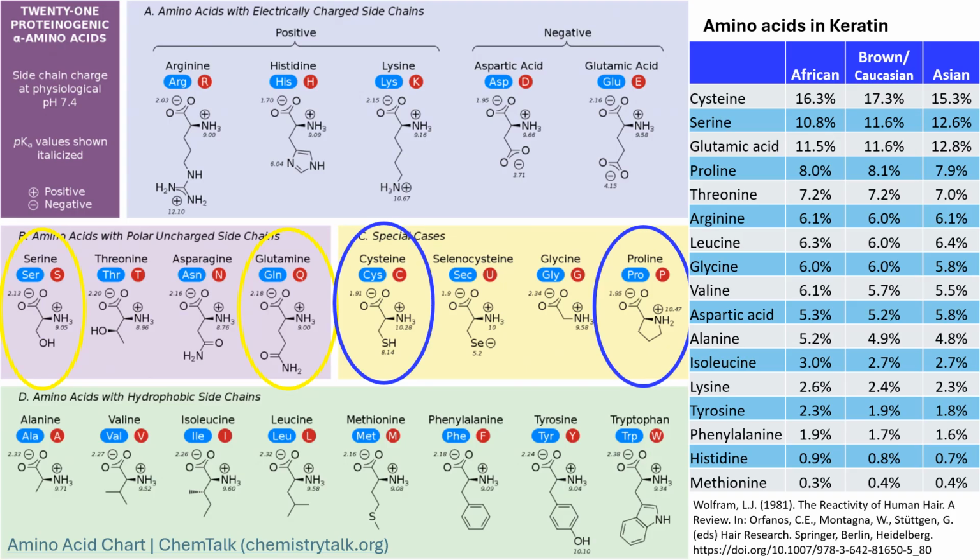Right, this is two slides in one here really. What I'm trying to do here is show there are different types of amino acids that go to make up keratin, and these are the different compositions that you'll find typically in keratin in terms of the amino acid makeup.